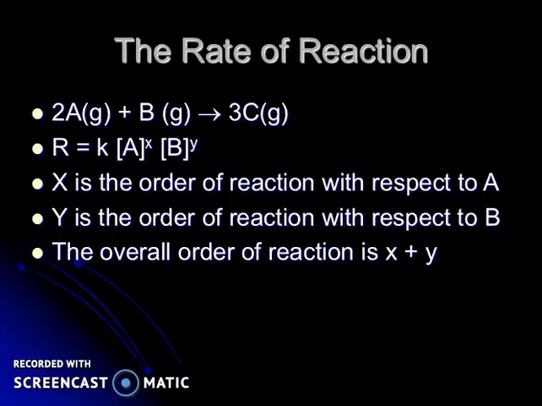We call X the order of the reaction with respect to A. So we would say, if we were talking about this chemical reaction, that the rate of this reaction is second order with respect to ingredient A, and it's first order with respect to ingredient B. But overall, these orders are additive. So overall, this reaction is considered to be third order.